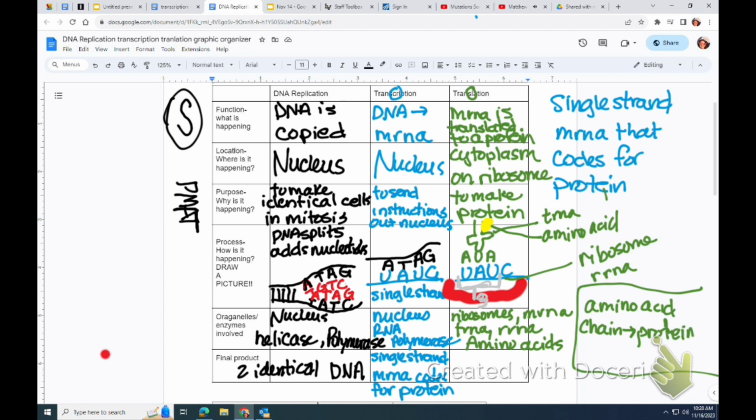Proteins, if you remember from the very beginning of the year, are one of our biomolecules, right? They're the ones that give muscles their strength, and they have the elements CHON, Chon.